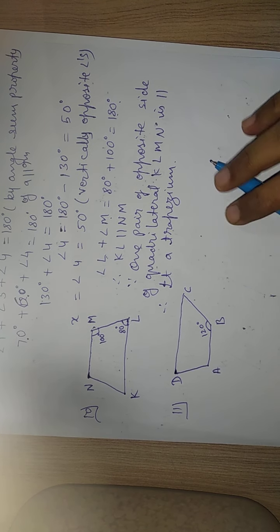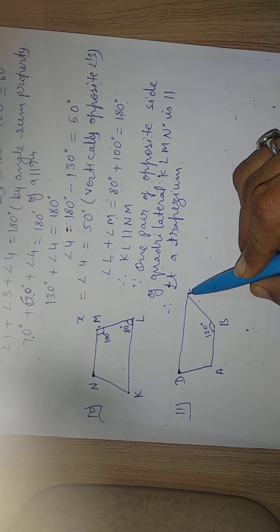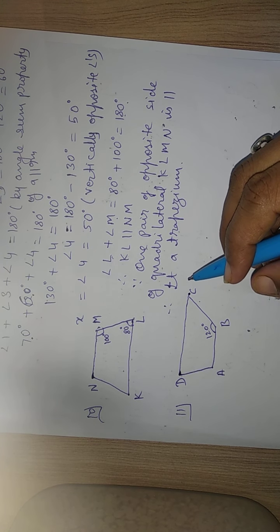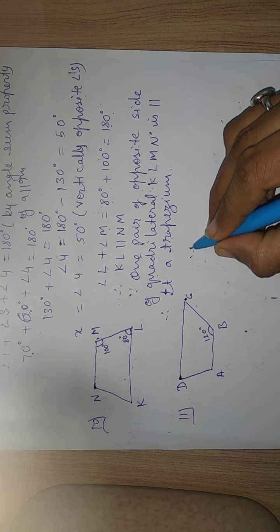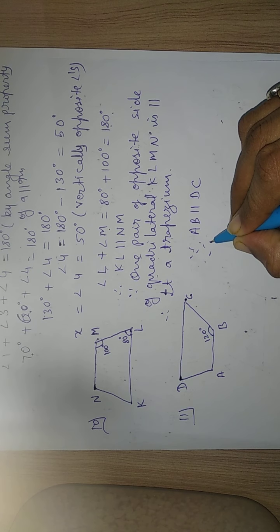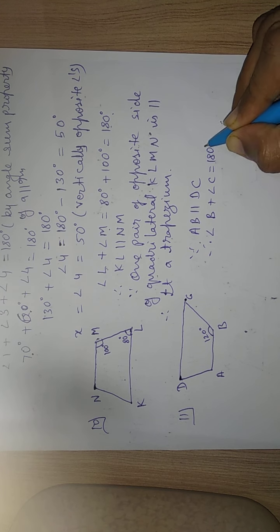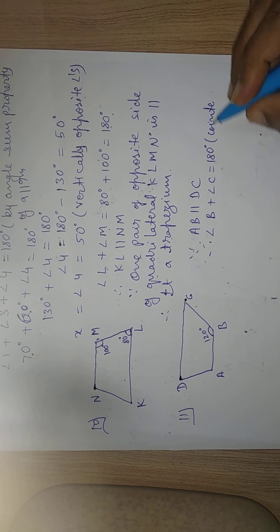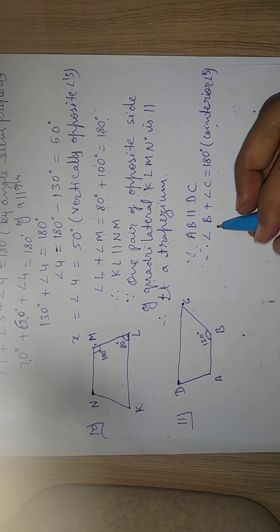Question number 11. Find the measure of angle C if AB is parallel to DC. Since AB is parallel to DC, therefore angle B plus angle C is equal to 180 degrees, co-interior angles.